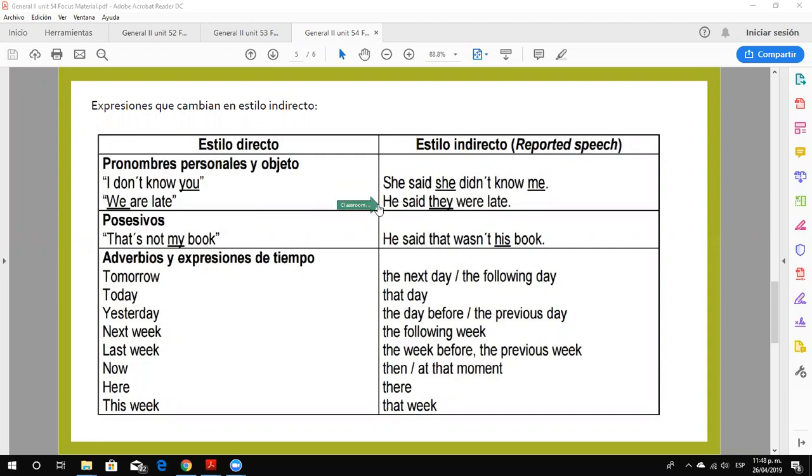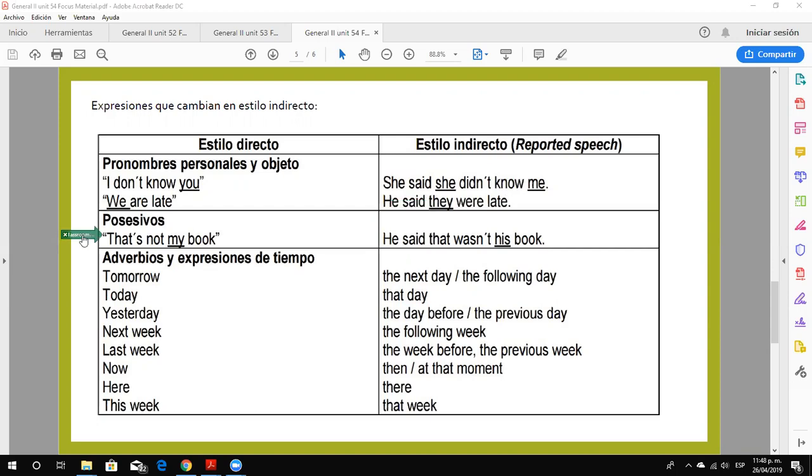"He said they were late." Can't you see how they change? "I don't know you" becomes "She said she didn't know me." "We are late" becomes "He said they were late."